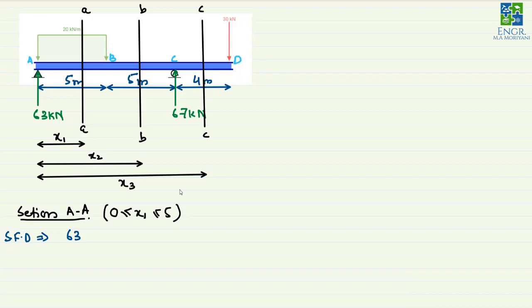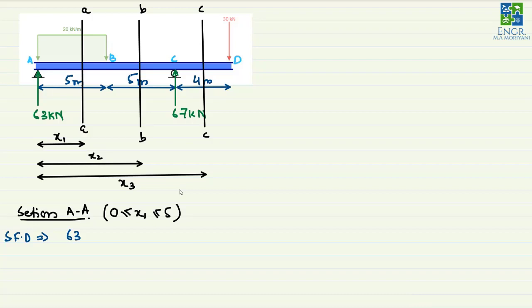As you can see, the uniformly distributed load which is to the left of this AA section will be the intensity of that load multiplied by the x1 distance, because x1 is the distance from the left point.